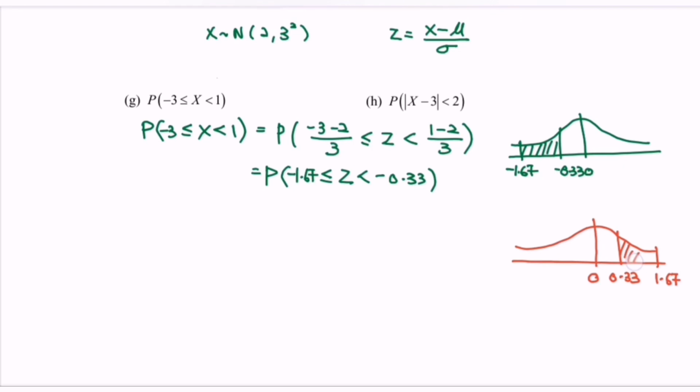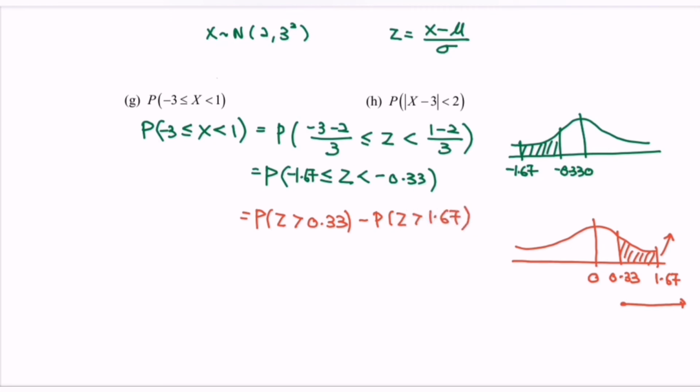So here will be the region. The formula would be the probability that z is greater than 0.33, meaning from here, move to the right, minus, remove this part, the probability that z is greater than 1.67.